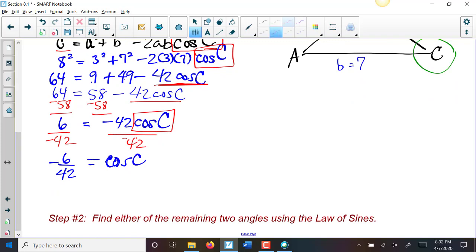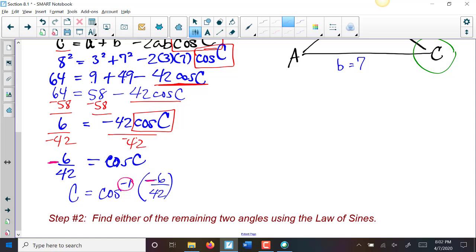Now, here's how I know if it's obtuse or not. Think about putting this in your calculator: angle C is the inverse cosine of negative 6 over 42. This is negative. Inverse cosine gives an angle in quadrant 1 or quadrant 2.